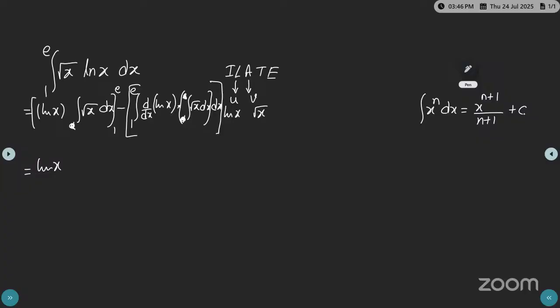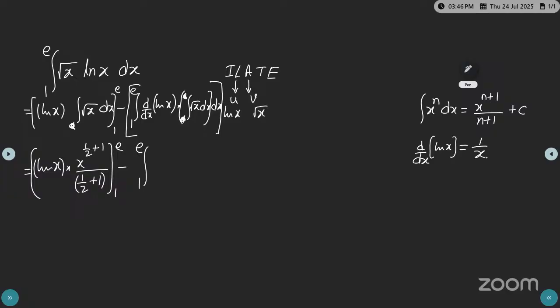x power half. So ln x into x power 1/2 plus 1 over 1/2 plus 1, limits from 1 to e, minus integral 1 to e. What is the derivative of log x? d/dx of ln x is 1 by x.